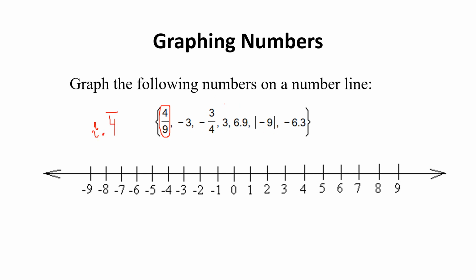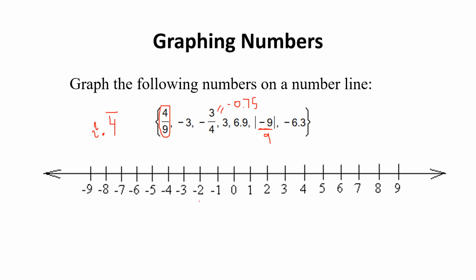Next is -3/4, which becomes -0.75. That's a decimal. This is the absolute value of -9. Absolute value is always positive. We can think of that as like distance. So this quantity here becomes the positive number 9. And then we have a -6.3.